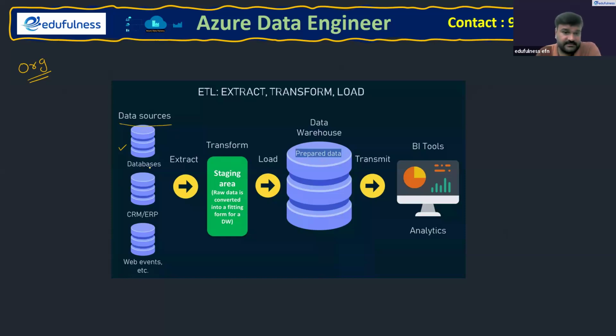That data might be databases, CRM or ERP systems, app events or IoT devices. For one organization, data is generated from multiple places. That is the multiple sources on one side.